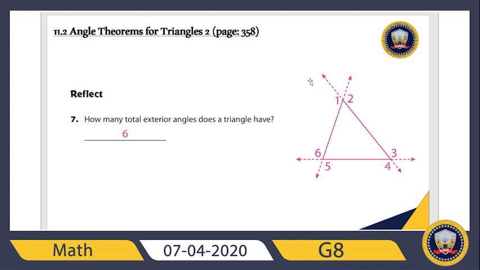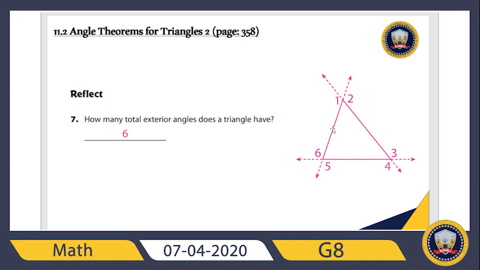Let's find them. We are going to extend this side like this, and it makes an angle here, so it is an exterior angle. If we extend this side, it makes an exterior angle from here, which is angle 2. 3, of course, is an exterior angle. 4 as well, by extending this side this way, it makes an angle here that is 4, which is an exterior angle.